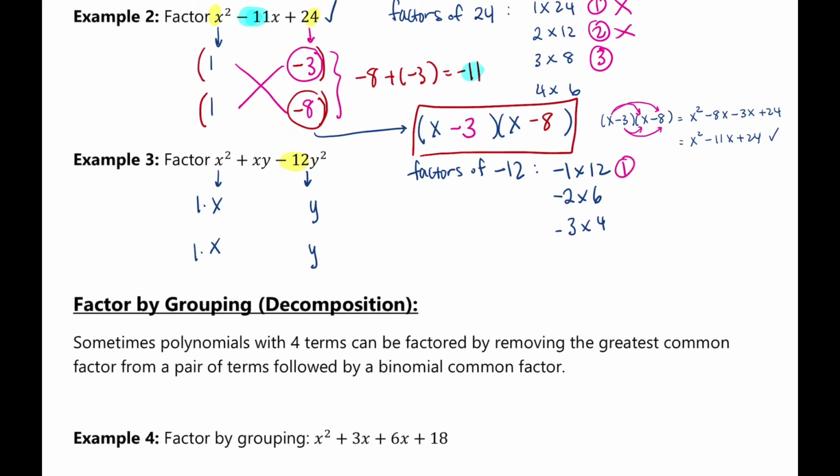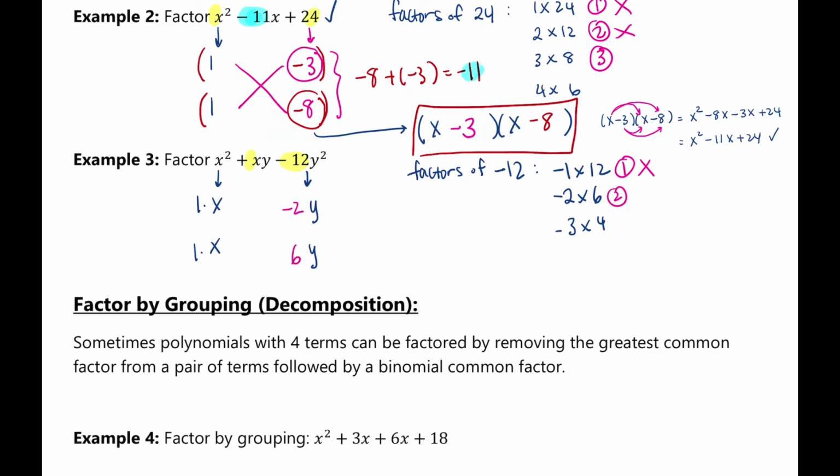Let's say I pick negative 1 and positive 12 here. If you cross multiply and add, you know that 12 minus 1 is not going to be just 1. There's a coefficient of 1 there. So that won't do. So number 1 is a no.